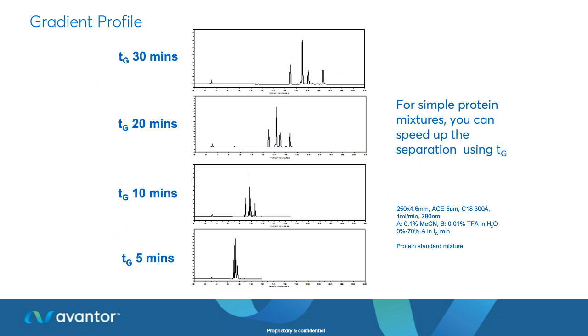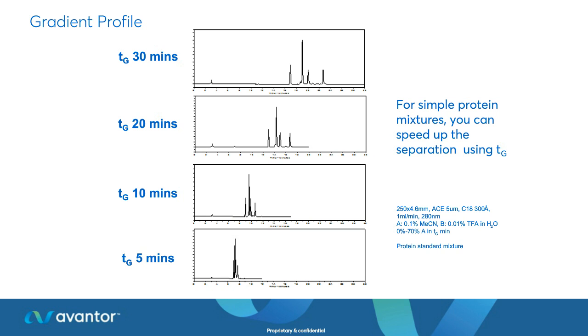If you have to speed up, like I know I do, then you can if you've got enough separation. If you've got enough resolution between your peptides or your proteins, you can try and speed things up. But that's the only time that I'd suggest increasing that gradient slope, because most of the time you're going to get a better resolution, a better efficiency if you've got a flatter gradient slope.